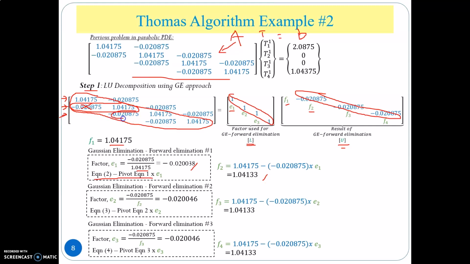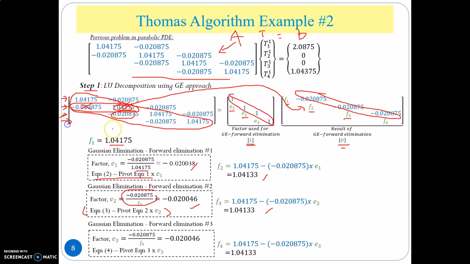To make this element 0, we need the factor E2, where E2 is equal to negative 0.02 divided by this component, which in the second row has been forward eliminated to F2. So you take negative 0.02 divided by F2 to obtain E2, and then you substitute inside this equation: row 3 minus pivot row 2 multiplied by E2. Then you obtain your F3 here.